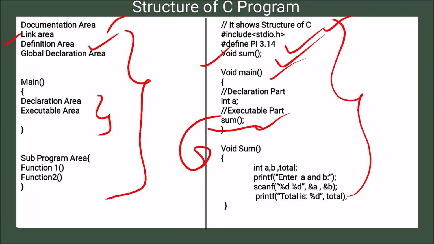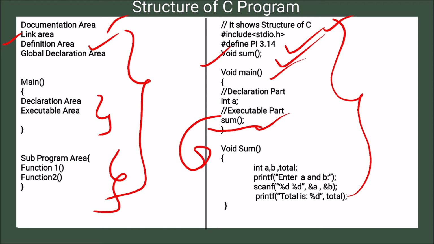The next part is the subprogram area. It is not part of the main function, but it is the subprogram area, meaning the sub function we declared here: void sum, then integer a, b, total. There are three variables: a, b and total.